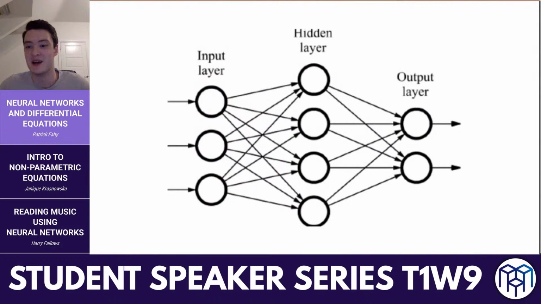You see the input layer, and the input layer is basically the dimension of your input. So we have 3 different features, for example. There's 3 different nodes, which is what the circles are called, that get inputted to the neural network, and the output you see is 2-dimensional here, so we get 2 outputs from it.